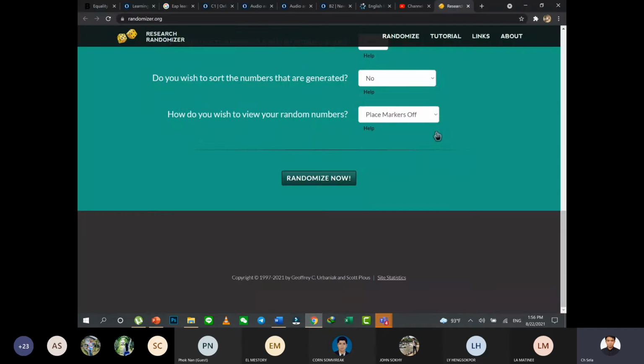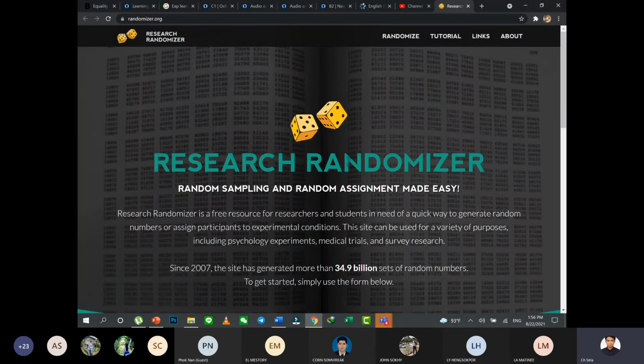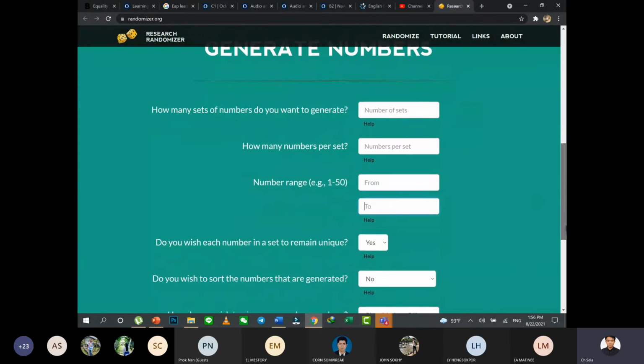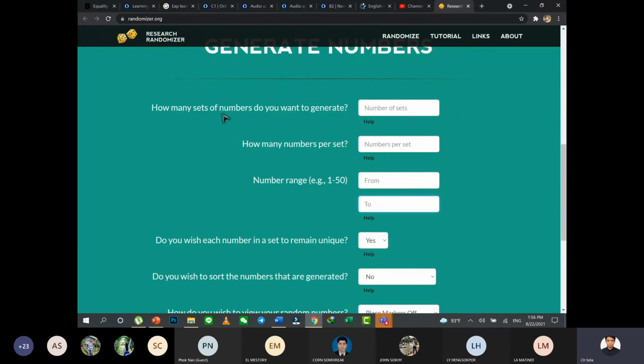So what I want you to do here, this is the website called Research Randomizer. I ask how many sets of numbers do you want to generate? So I want to generate 5. How many numbers per set?